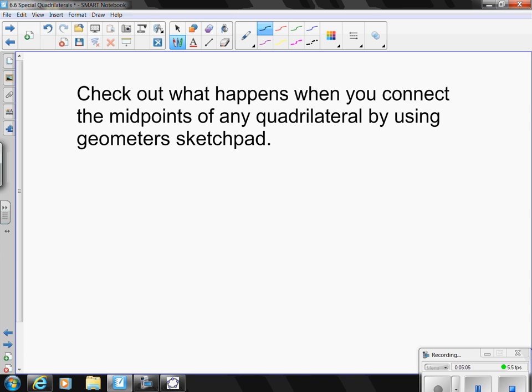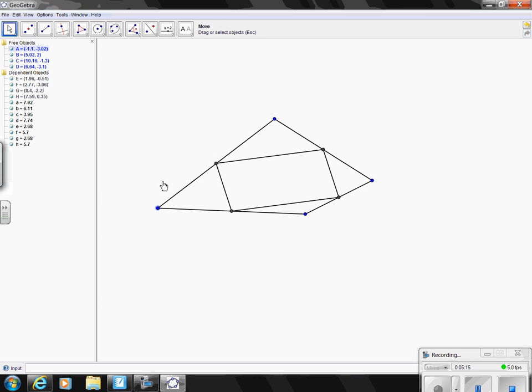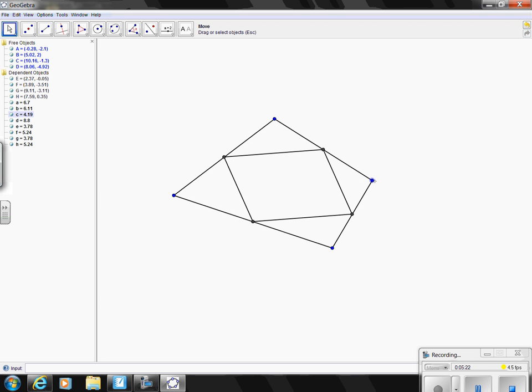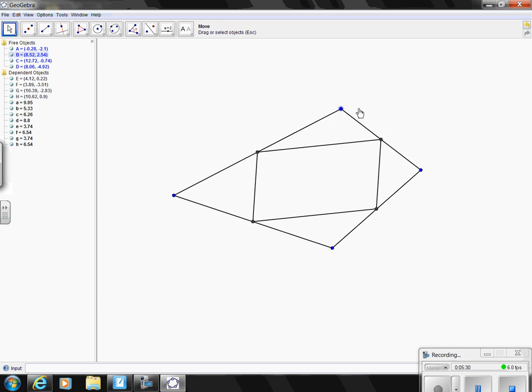So here's a little interactive thing. It's GeoGebra that I'm using, but I can click on one of these points and move it around. I should have changed maybe the color on the outside quadrilateral. These are the midpoints of the sides of the quadrilateral.